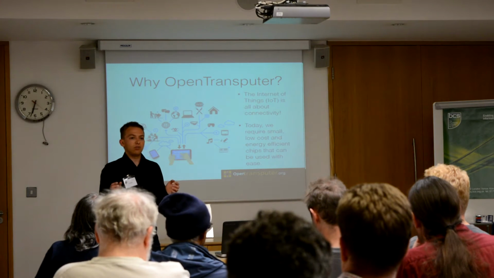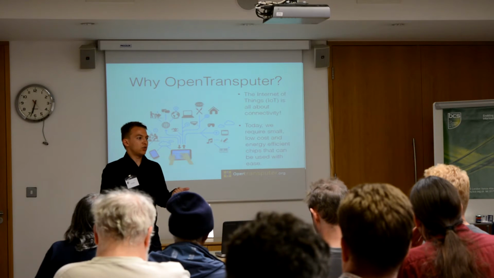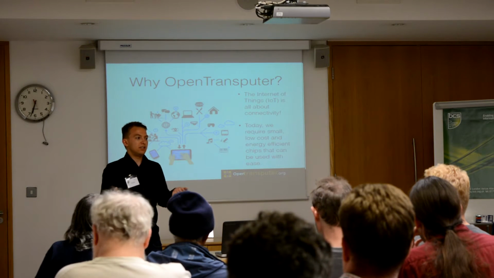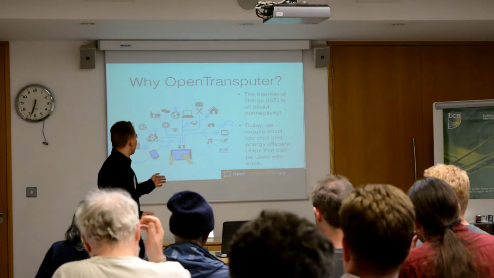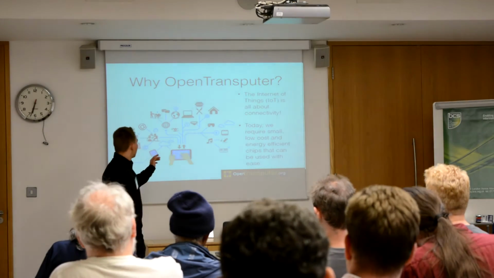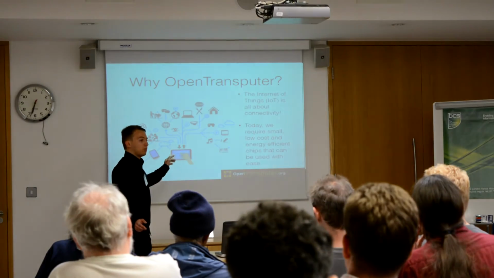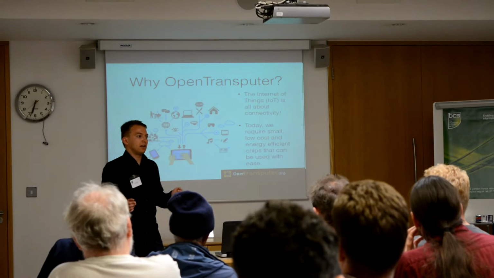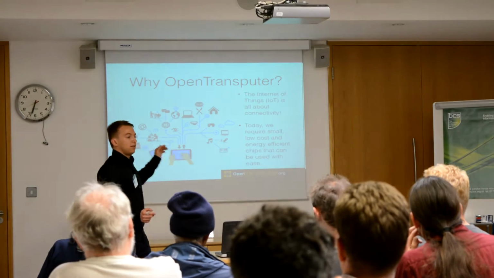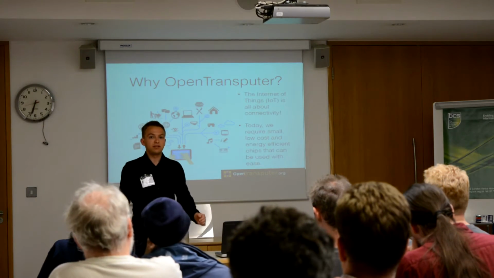And this market requires a small, power-efficient microprocessor that has easy-to-use communication and concurrency primitives. So while we not necessarily expect the OpenTransputer to find its way into your tablet or mobile phone, or even the data centers in the cloud, it would be in all the other devices that make up the Internet of Things.